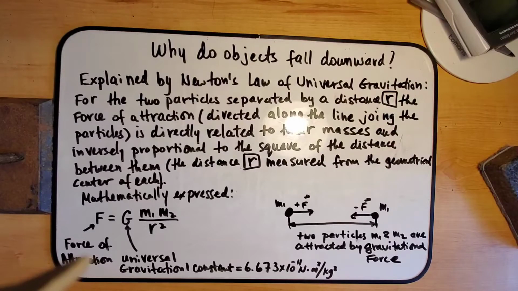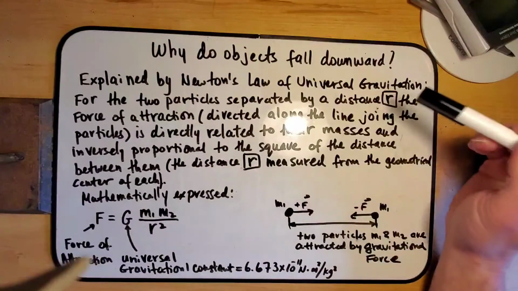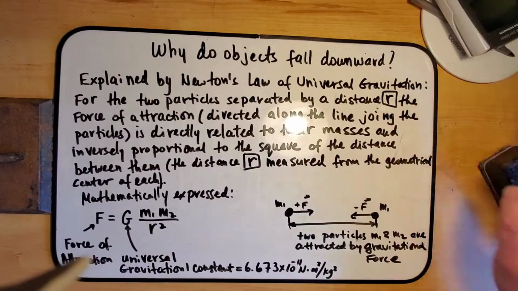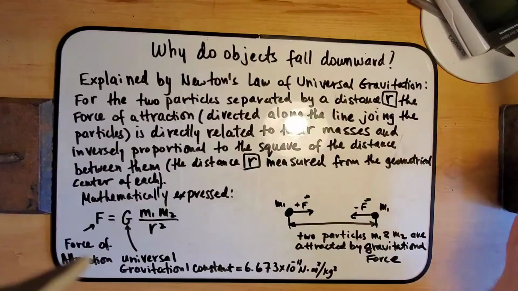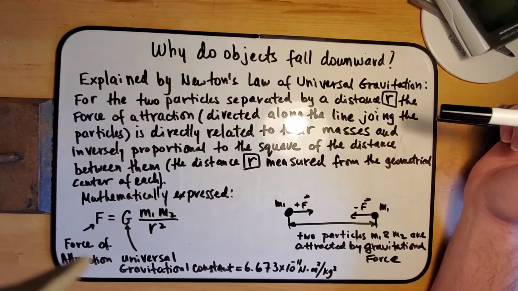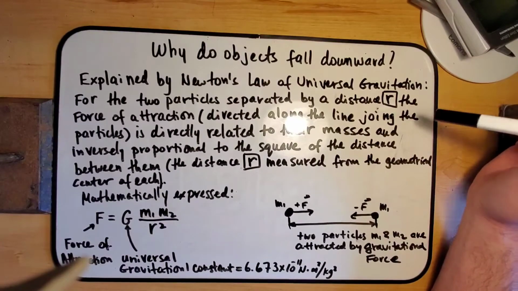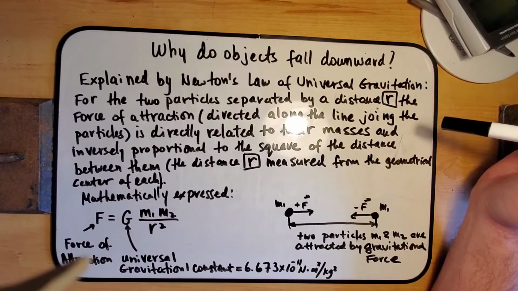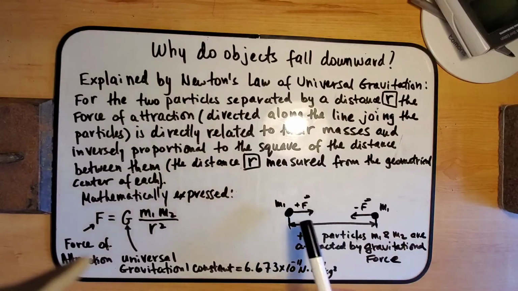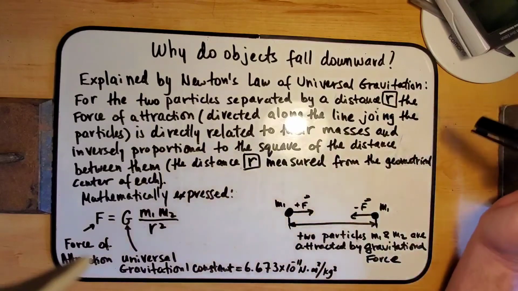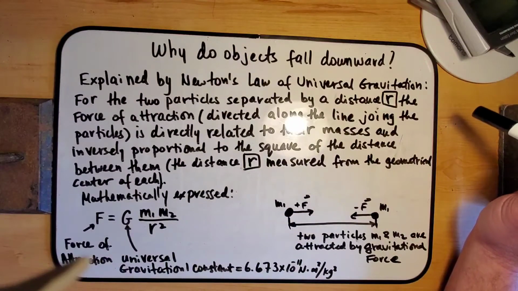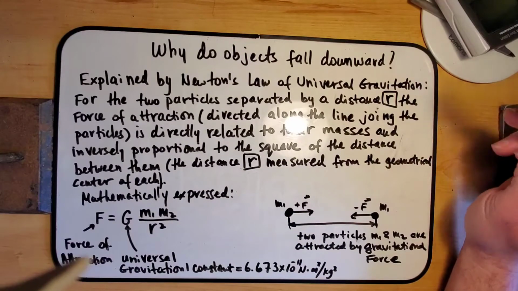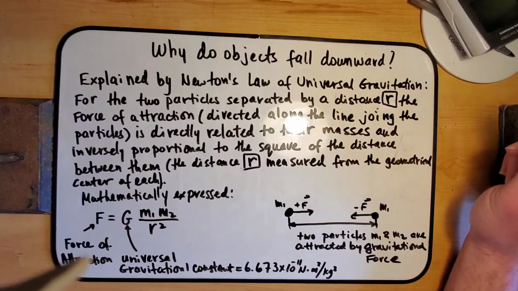Newton's law of universal gravitation states that for two particles separated by a distance r, I just boxed it here so that you don't confuse it with some other term, the force of attraction directed along the line joining the particles, this invisible line, is directly related to the masses and inversely proportional to the square of the distance between them.